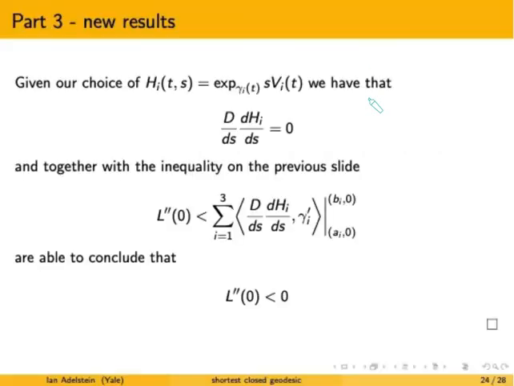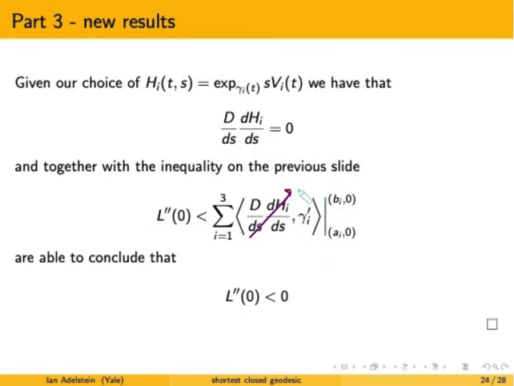Okay, let's deal with the inner product. So given our choice of variational fields, we actually have that this second derivative is 0. This second derivative actually just turns out to be the derivative in the direction of motion of the velocity vector of the exponentiated geodesic. So this fact is just that geodesics have 0 acceleration. Therefore, this was our inequality from the previous slide.